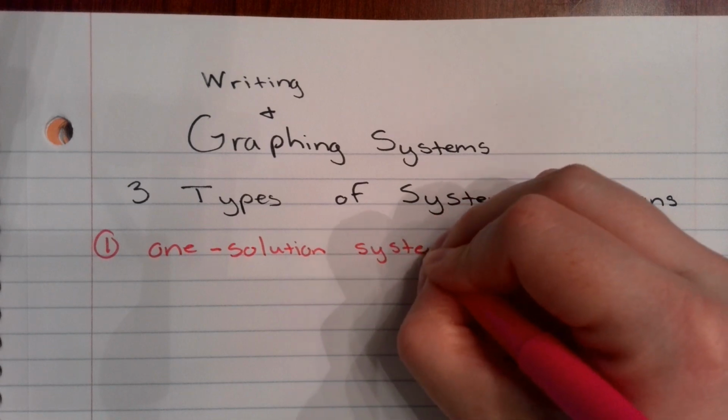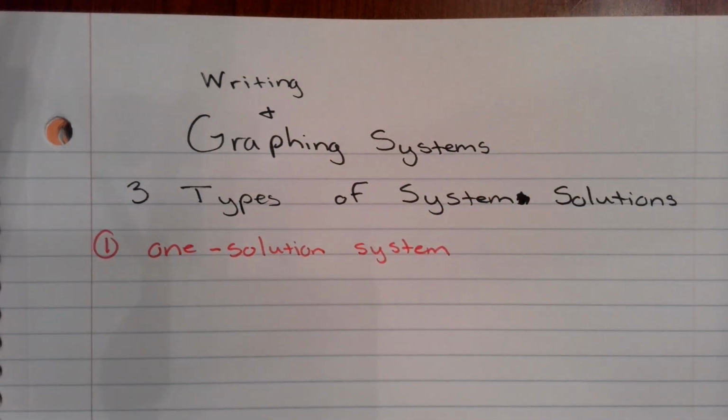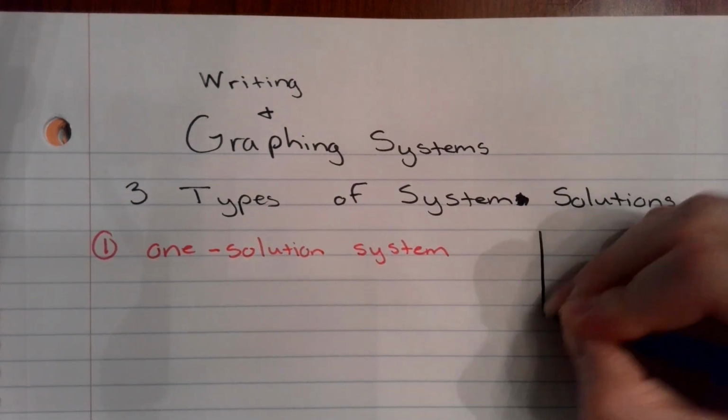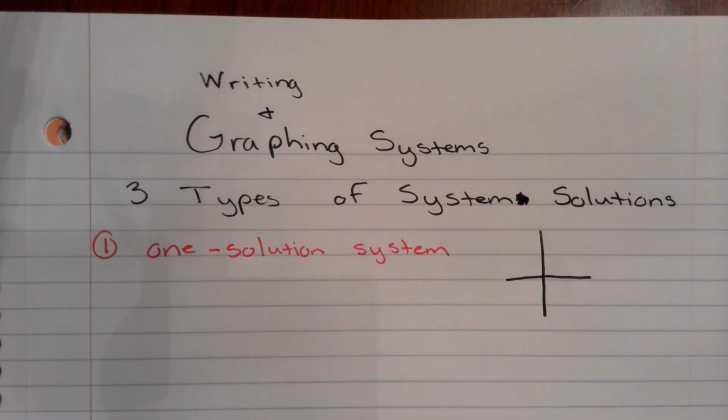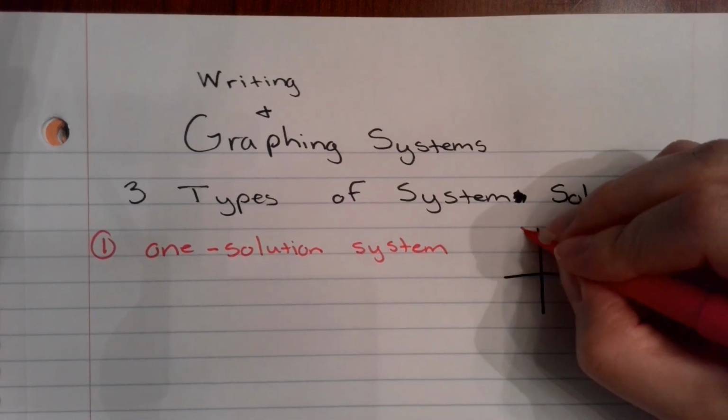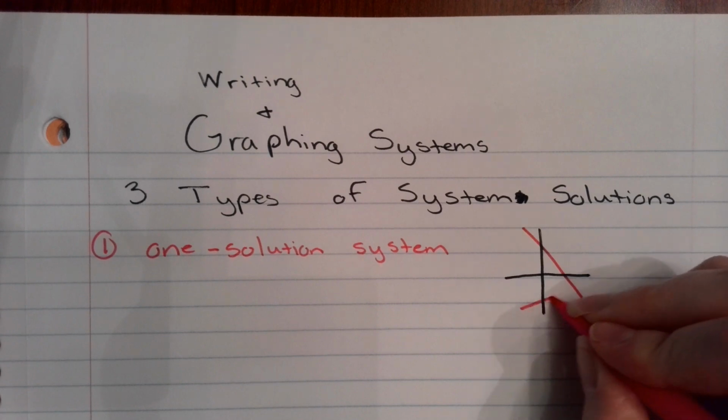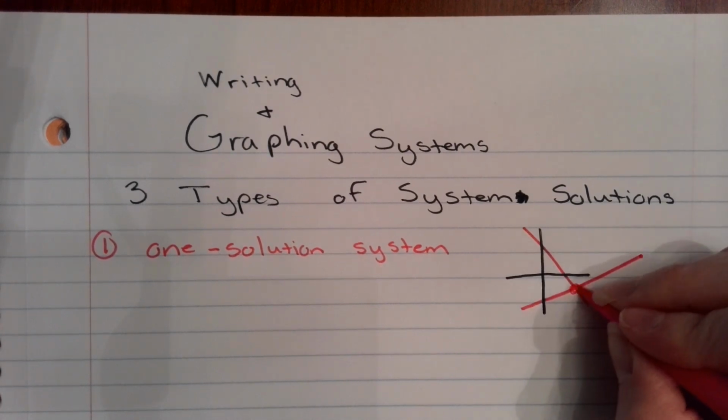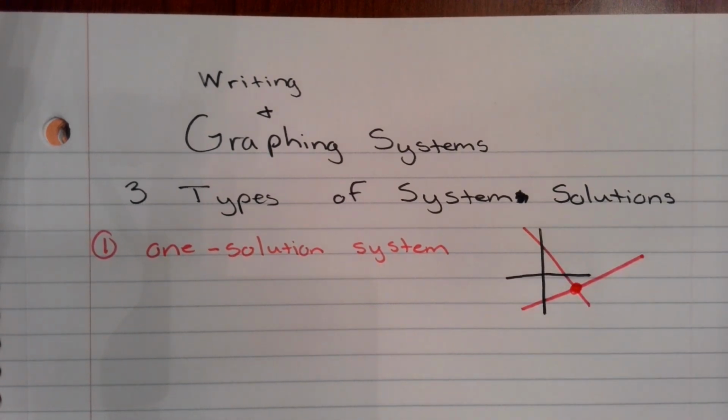So a one solution system means that when you graph the two linear equations on your coordinate grid, at some point they intersect each other. That would be considered a solution. It's the point where they overlap.